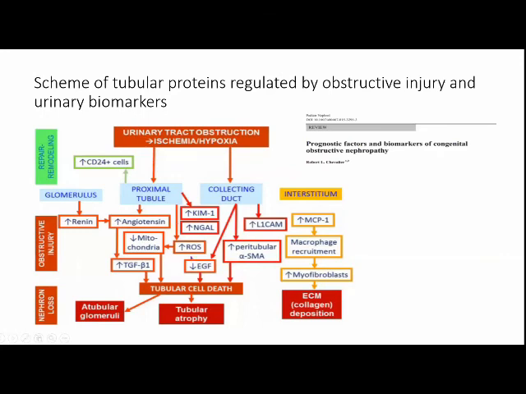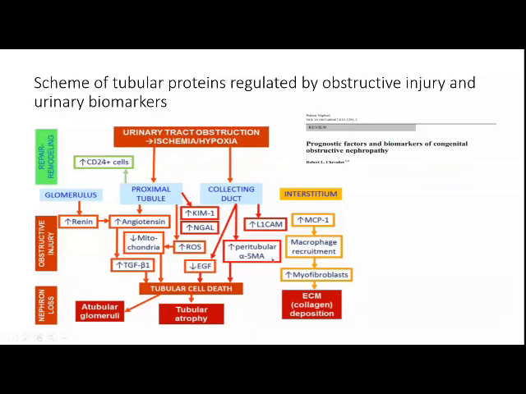When proximal tubule obstruction occurs, leading to ischemia and hypoxia, there is an increase in reactive oxygen species, which leads to decreased mitochondria, leading to proximal tubular cell death. So we can take urinary biomarkers from the proximal tubule as kidney injury molecule, NGAL, and growth factor beta 1.